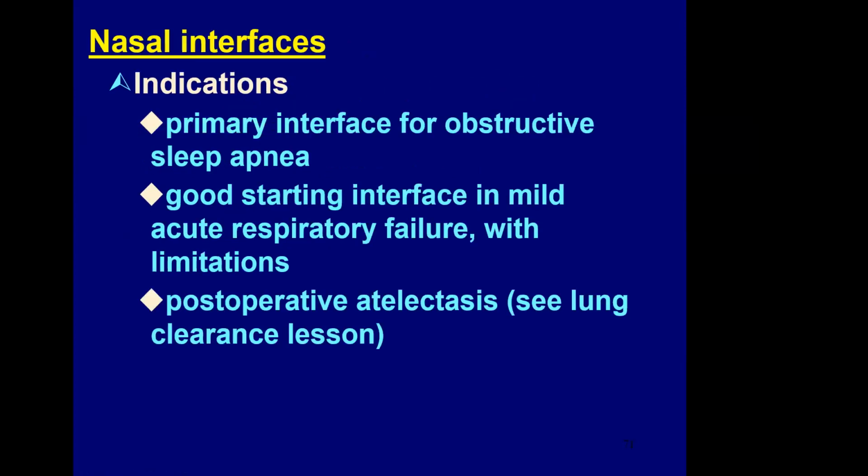Nasal interfaces. The indications for nasal interface: it is the primary interface for obstructive sleep apnea. It is also a good starting interface in mild acute respiratory failure with some limitations.